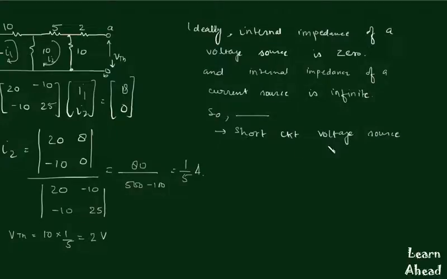In this circuit there is only one voltage source, so after eliminating that, the circuit will be like this.